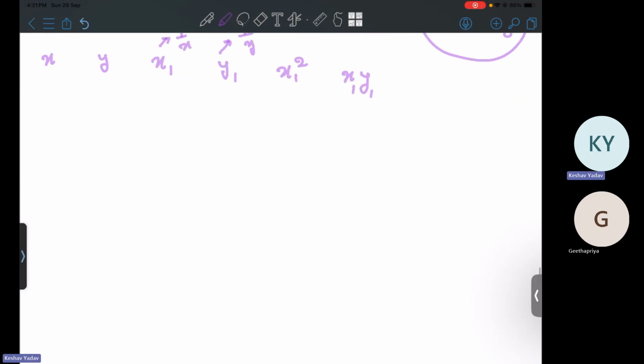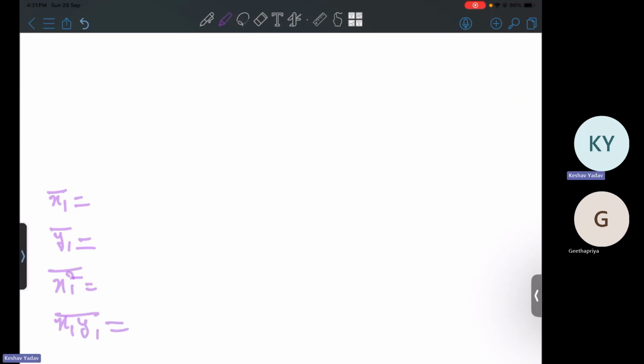We need to fill the table. After filling the table, we need to find X1 bar, Y1 bar, X1 square bar, and X1 Y1 bar.